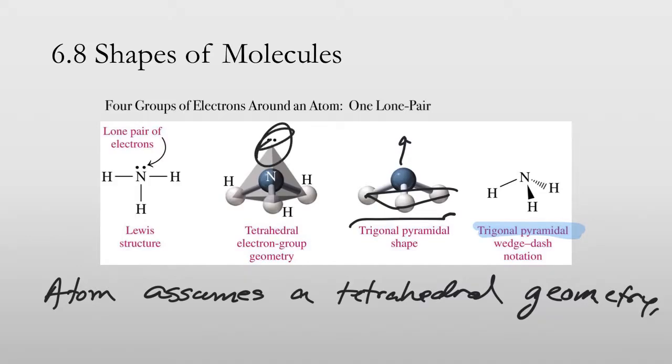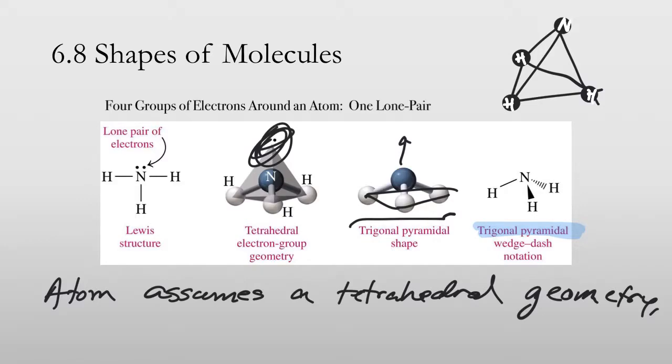You just form this pyramid that has a 3-membered base, like that. You'd have a nitrogen at the top of it, and then you'd have the hydrogens right there.